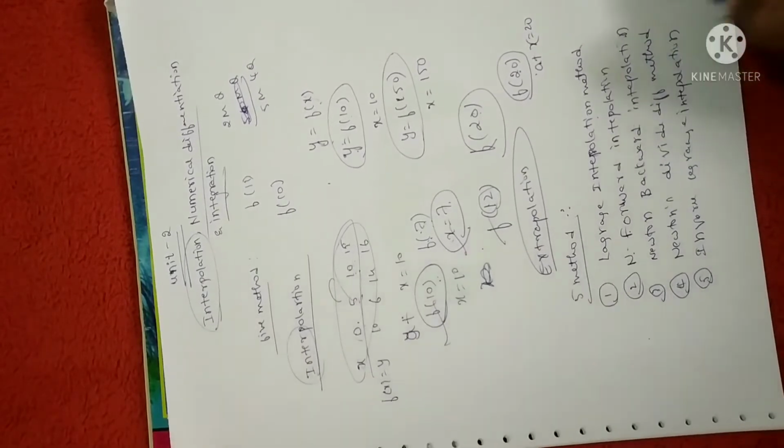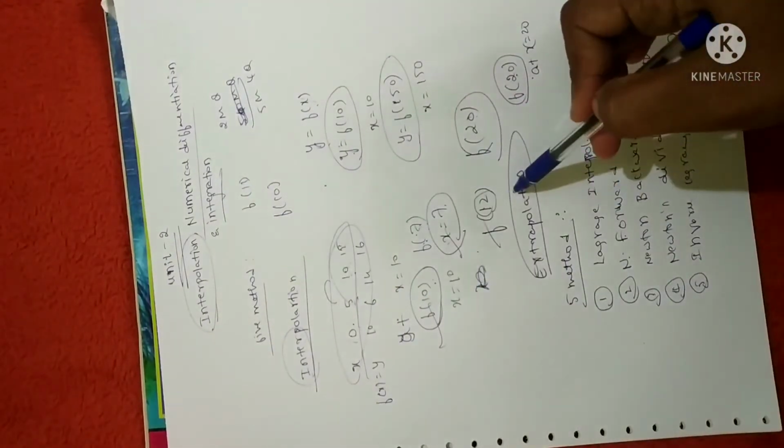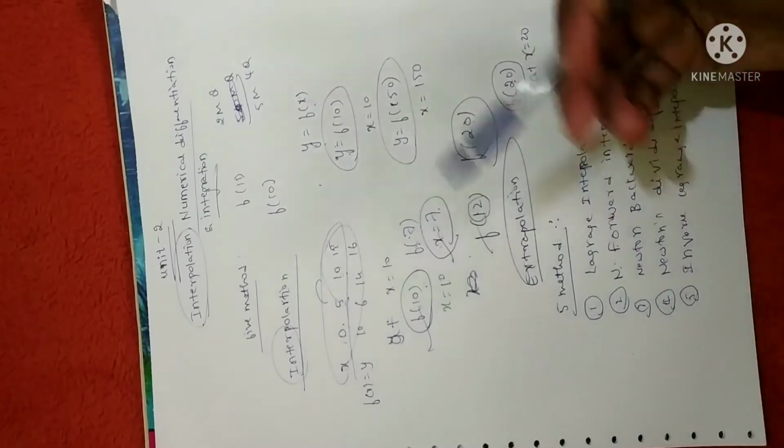So I'll just give you a glance. Interpolation in the sense finding the value inside the given range. Extrapolation is none other than finding the value of a function outside the given range.